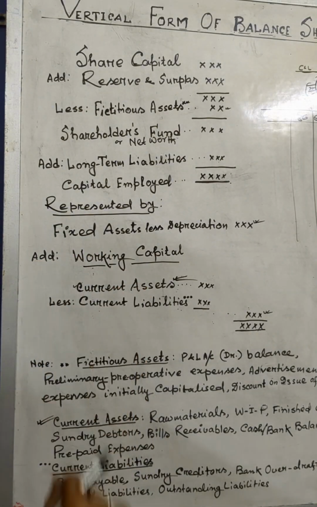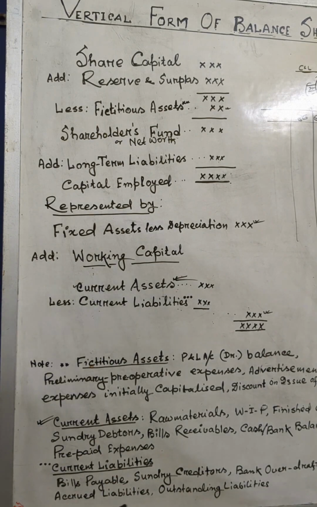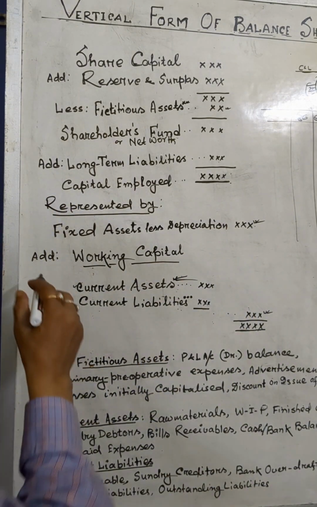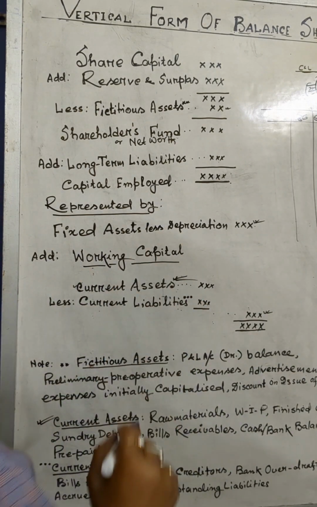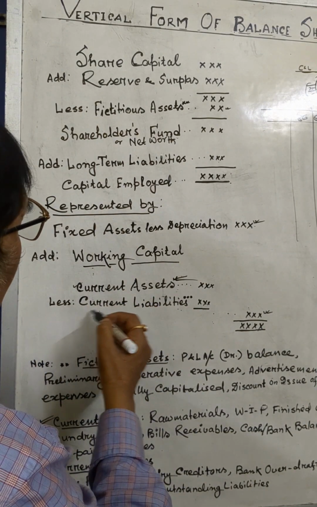All these come under fixed assets, and you subtract depreciation from the asset value to get the net asset value. Now add working capital. Working capital means the running capital required for the day-to-day operations of the business. How is it computed? Current assets minus current liabilities.